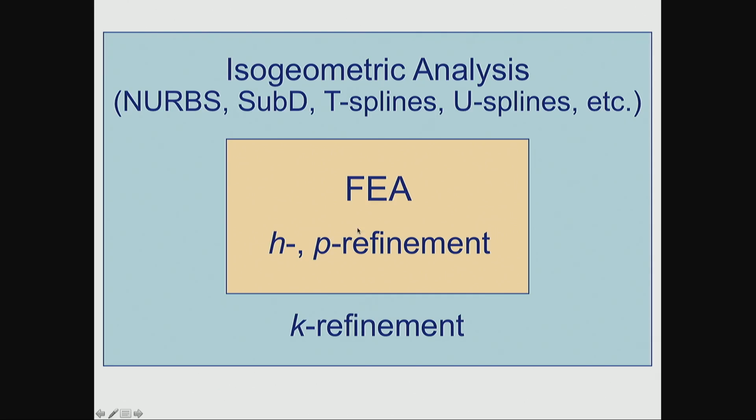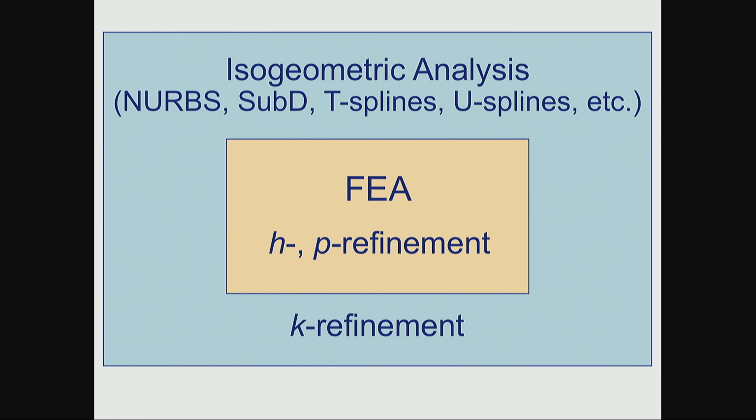So if you think of isogeometric analysis as an analysis technology that somehow is related to finite element analysis, you see that it really subsumes the usual techniques in finite element analysis: mesh refinement, H refinement, polynomial refinement on a fixed mesh. But again, the sweet spot is out here, where you actually raise the order, but you also raise the smoothness simultaneously.